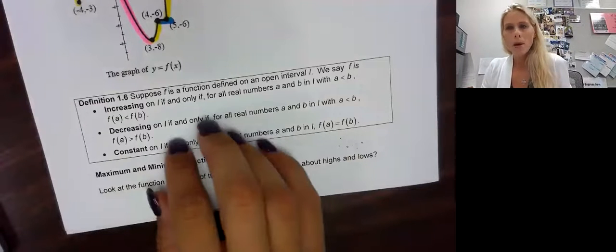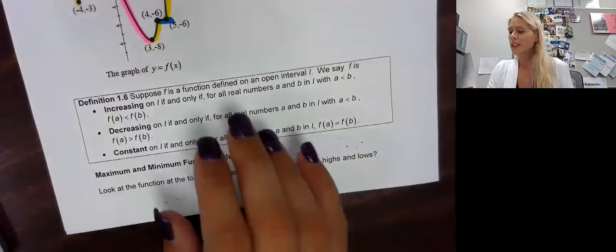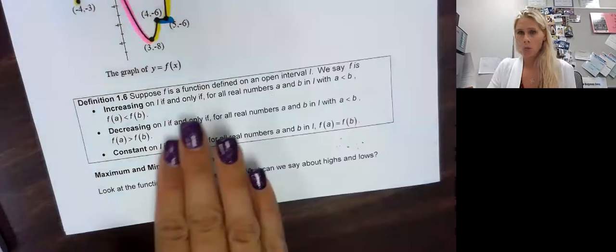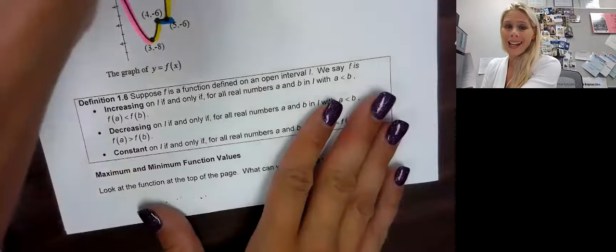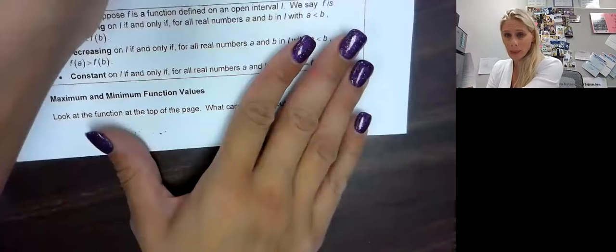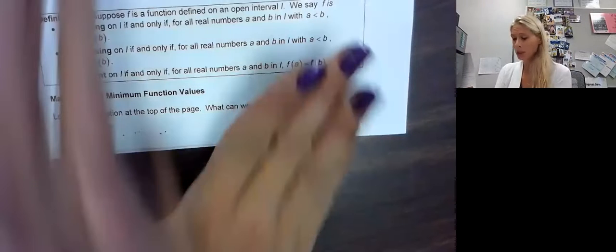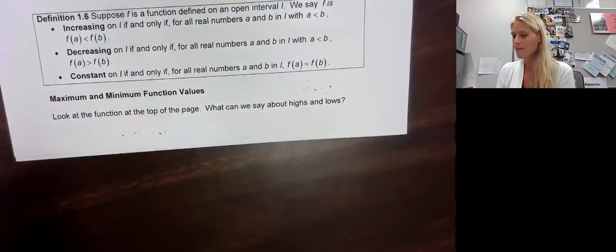Don't worry about the college-bound definitions. If you understand it in a different way, stay with it. This is also why I like the guided notes and not just the textbook. College textbooks are very, very specific.